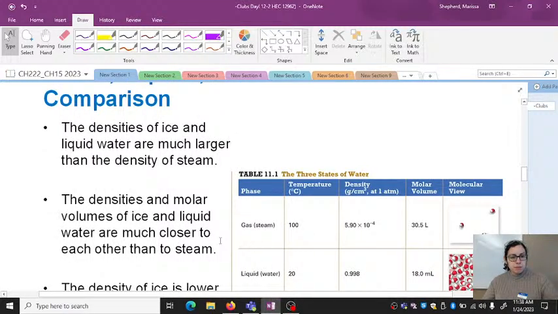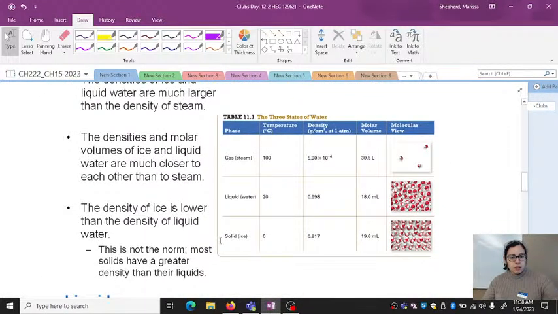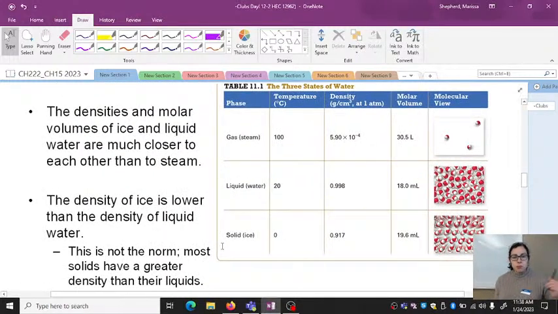This is a comparison for water. Of course, water is kind of abnormal. The gas and liquid phase are pretty much what we expect. Water turns into a gas at 100 degrees Celsius. Here's its density, so very low density, and it would look very far apart in our molecular view.